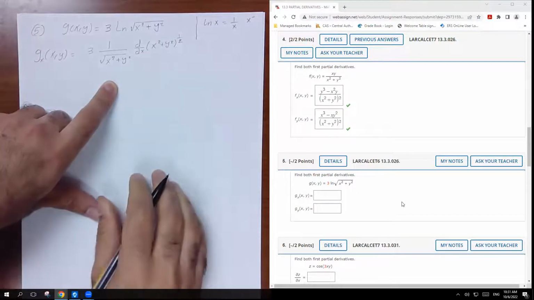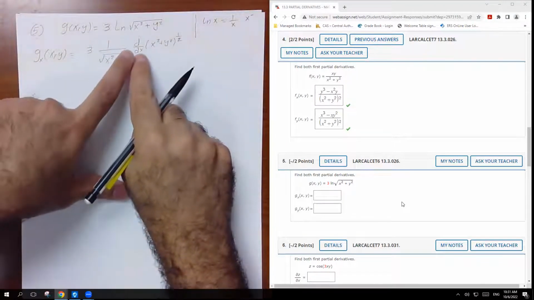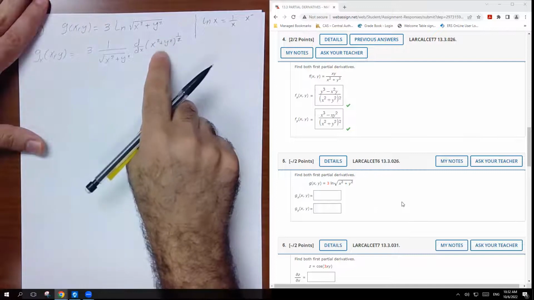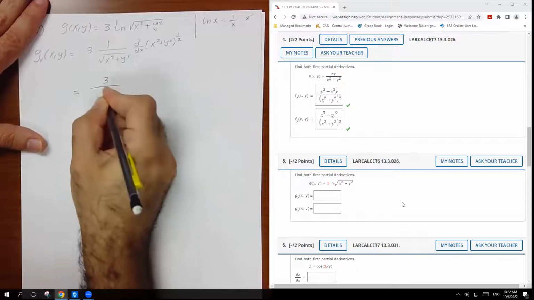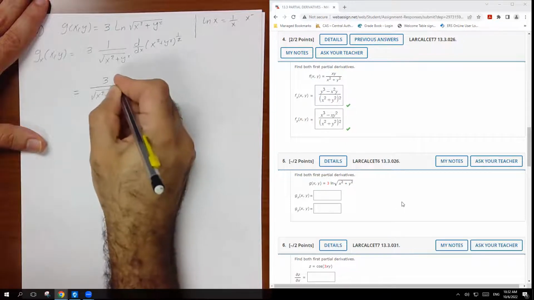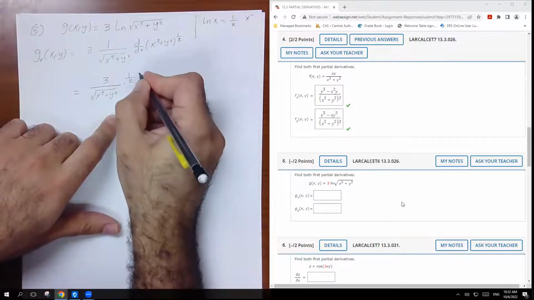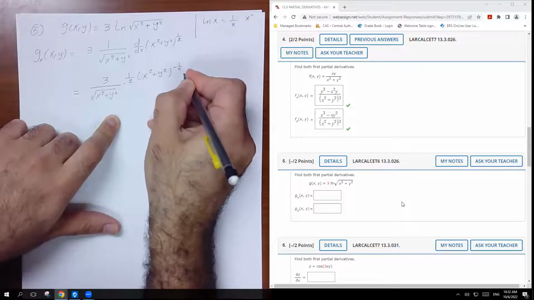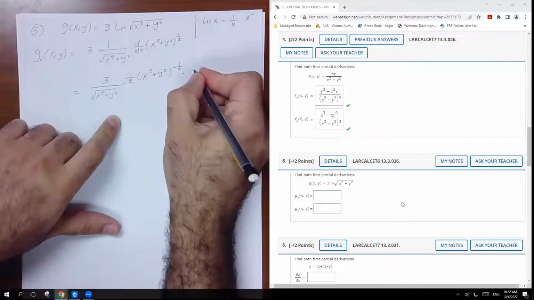Okay, so I'm just using the rule: the derivative for the ln is 1 over x times the derivative of the inside. Now the derivative for this one is going to be 3 over square root of x squared plus y squared times half, x squared plus y squared to the minus half, times the derivative of the inside with respect to x. So it's going to be 2x.